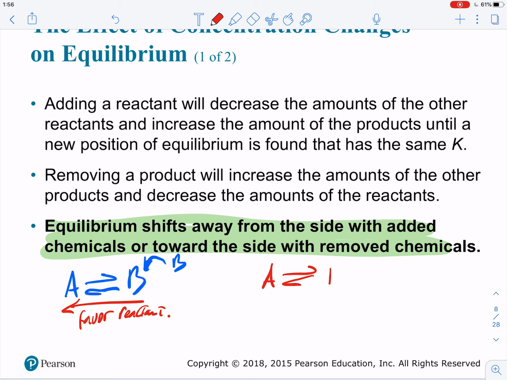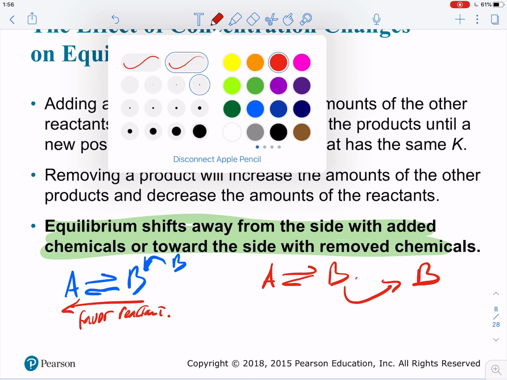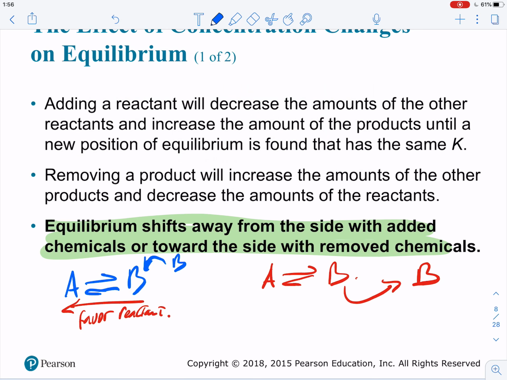Likewise, if you have your equilibrium and then you are removing B, because you are removing, the equilibrium will shift towards the side where you're removing. If you're removing on the product side, the equilibrium will shift towards the product side.